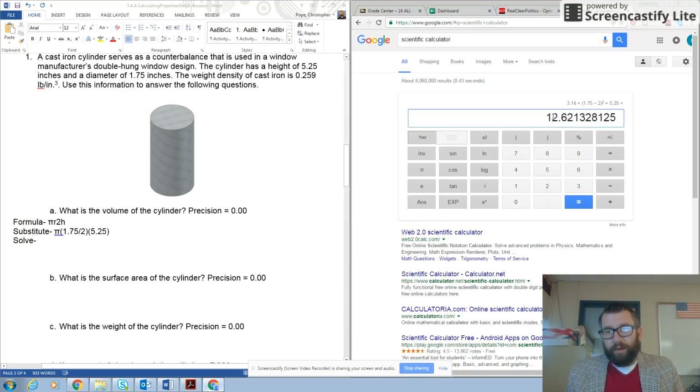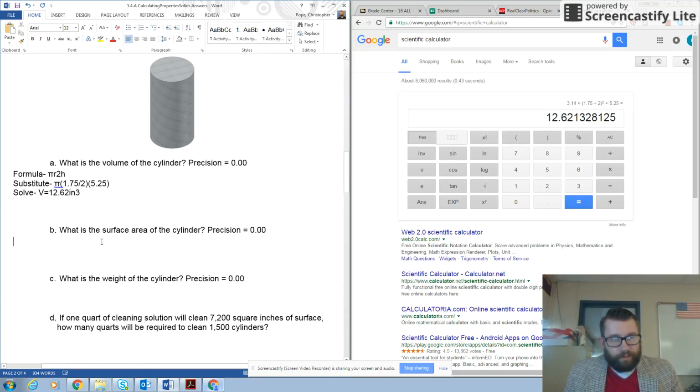I hit the enter button, and I get this number of 12.621 whatever. It asks for a precision here of 0.00, so I'm going to round it to 2 decimals and put in my answer of V equals 12.62, and I want it in inches cubed. So there's my answer for that one.